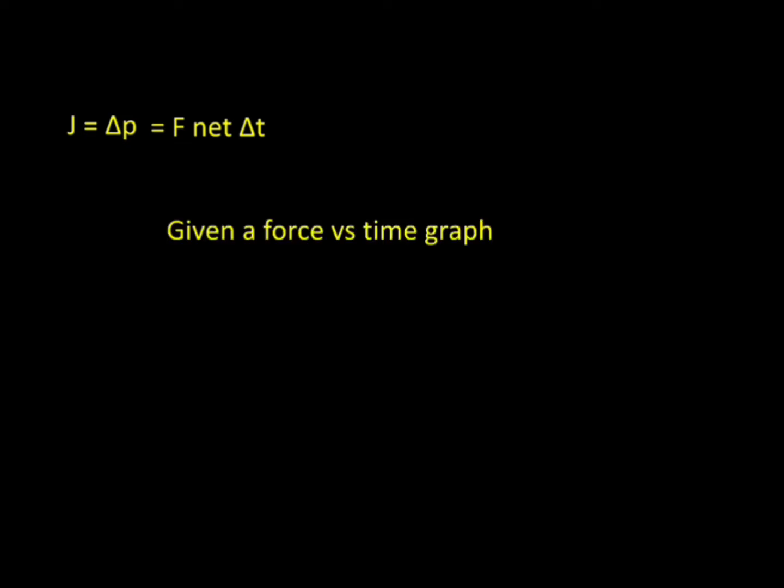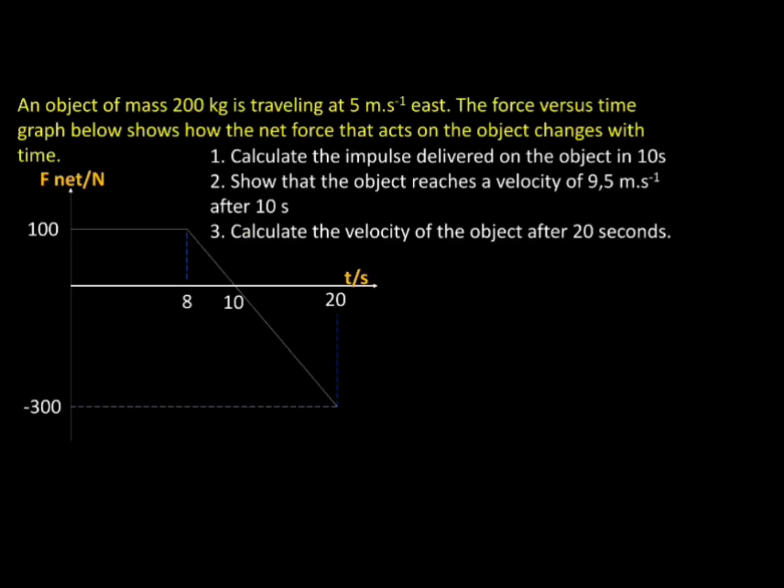Given a force versus time graph, the impulse becomes the area under the graph. So impulse equals the area under the graph. Here's an example. An object of mass 200 kilograms is traveling at 5 meters per second east. The force versus time graph below shows how the net force that acts on the object changes with time.